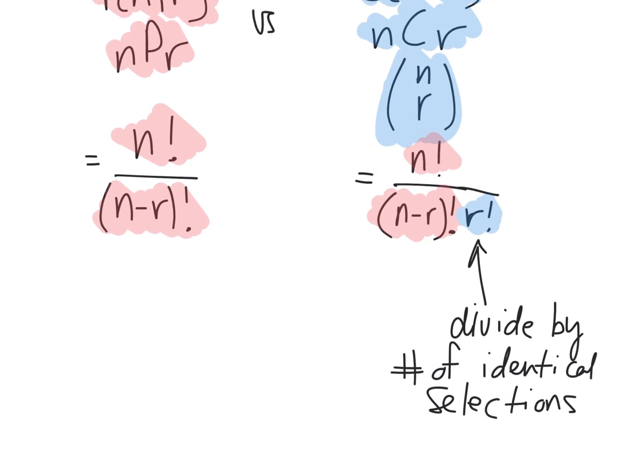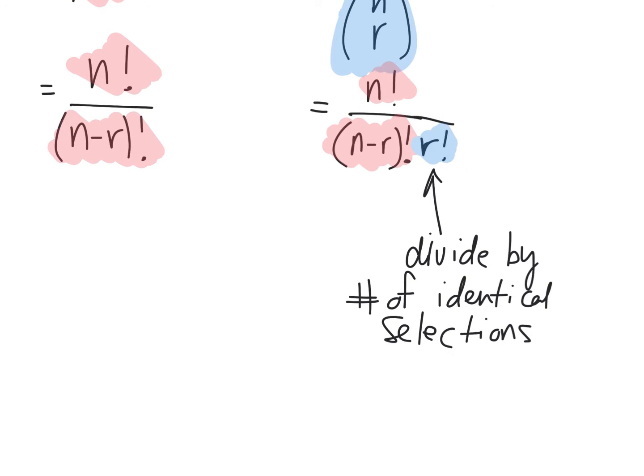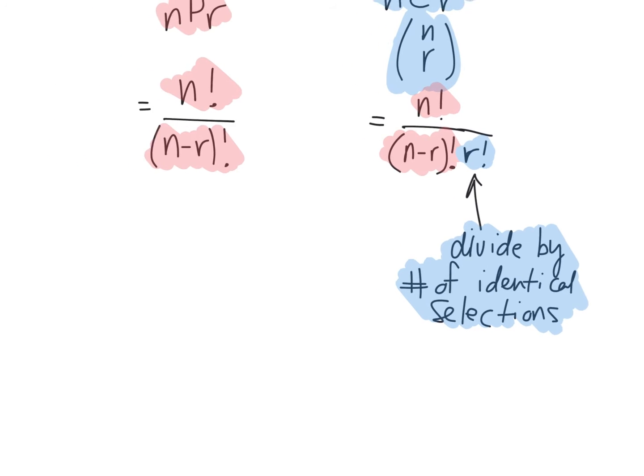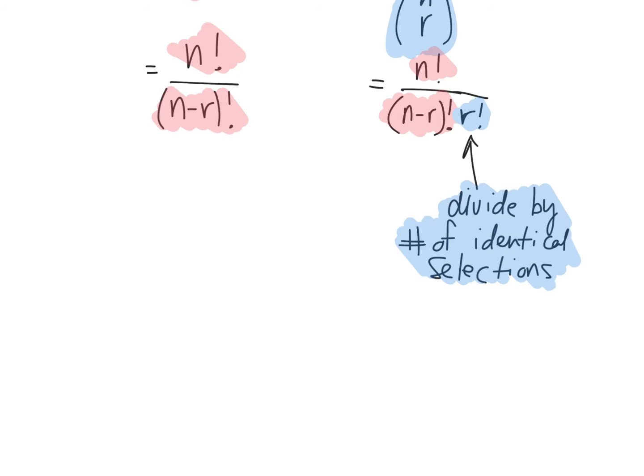What is that? That is the number of identical selections that, if order was important, would be counted. But since order is not important, you divide that out to reduce the count, because we're talking about selections versus arrangements. Another way to think of permutations is an arrangement.